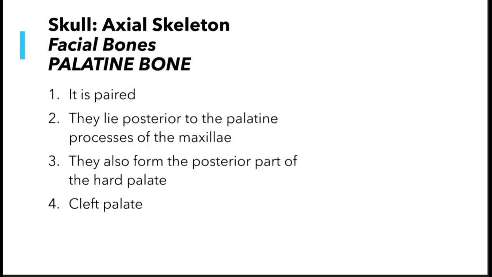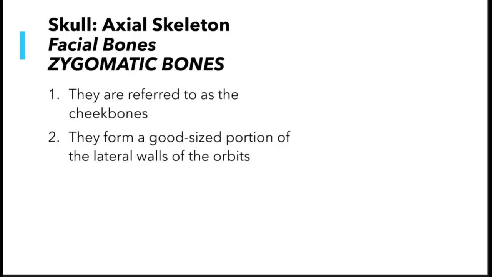We also have the palatine bone. You have the condition known as your cleft palate. So cleft palate is the condition of the palatine bone. It is the failure of the palatine bone to fuse during the development.